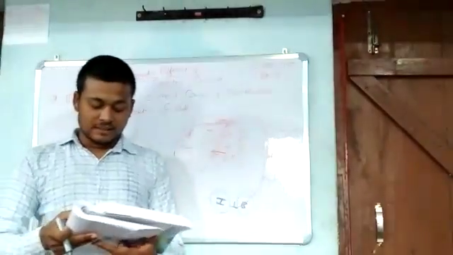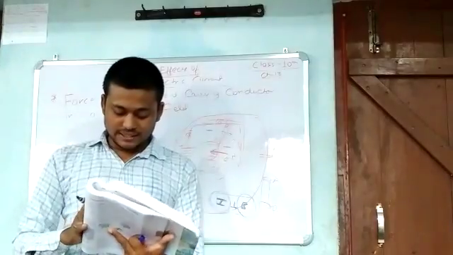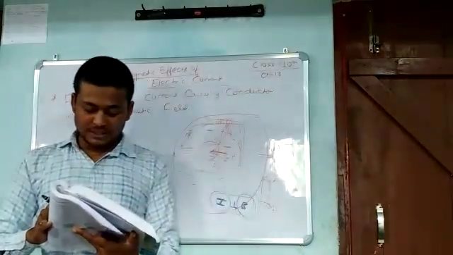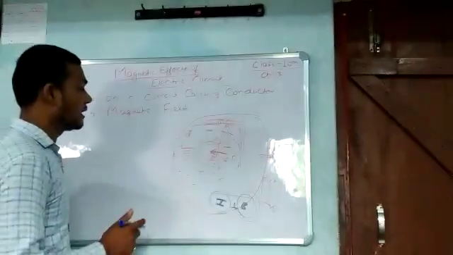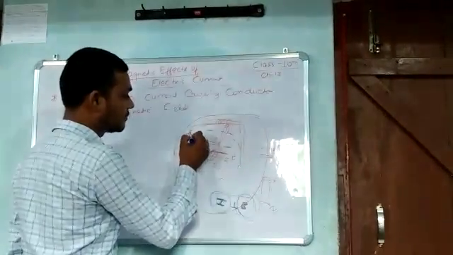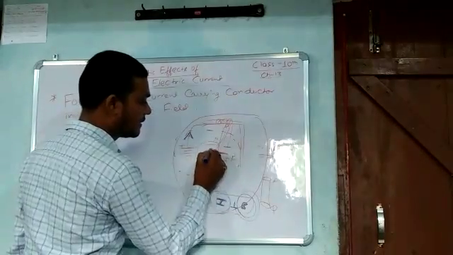So let us see what the factors are. First thing is the direction of current. The direction of force on the conductor can be reversed by reversing the direction of current. If we flow current from this direction, the force is developed in this direction.